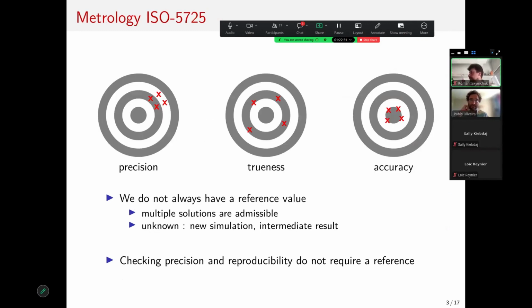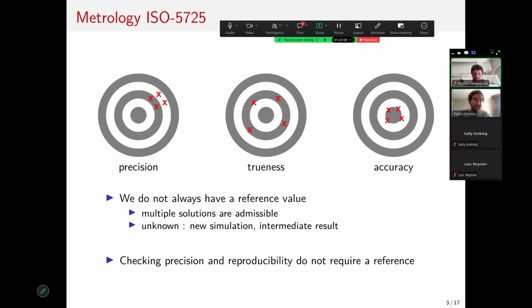Okay. So first, just a quick word on vocabulary, just to be on the same page. There is a standard for metrology. Imagine we have a computed measure, for example, a repeated measure, so a repeated computation.